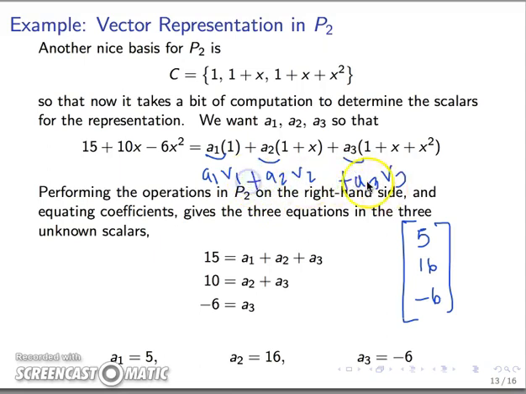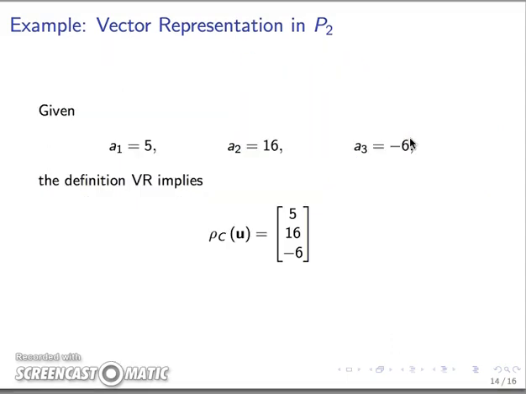If we want to use those basis elements, V1, V2, and V3, we use these coefficients in that linear combination, and that's precisely what would give the combination being the confirmation that U is indeed, with these coefficients, a member of the span of C, right? And so we have a name for that, the rho operator. So now rho of U relative to that basis C is something that looks like 5, 16, and minus 6.